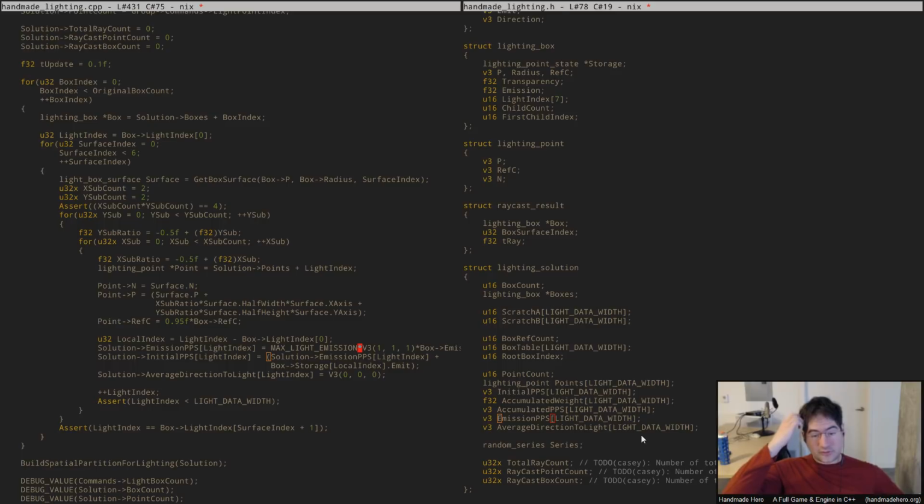And as you can see here, what I'm trying to do is say, all right, I want to remember what the emission value was for this, because I know that my initial PPS and my accumulated PPS are not representative of that.